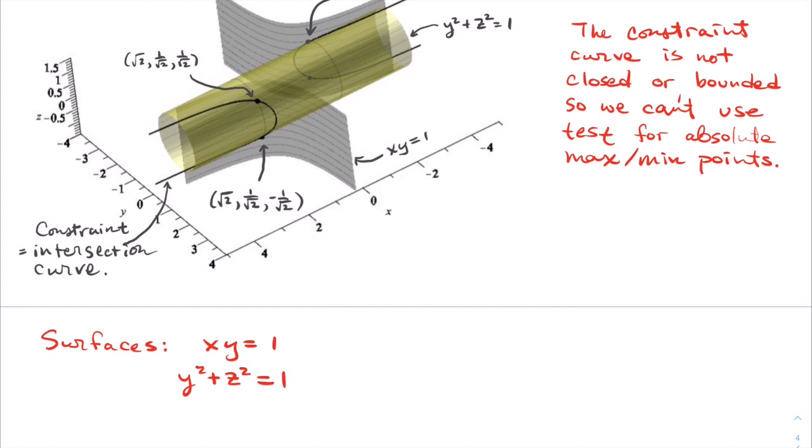Now, that's in the yz plane, the second constraint is just a unit circle. So it makes sense to make y cosine theta, z sine theta, and then the first surface tells us that x has to be 1 over y. So this would be 1 over cos theta. Of course, that's going to be secant theta.